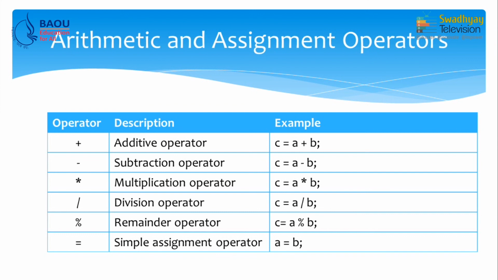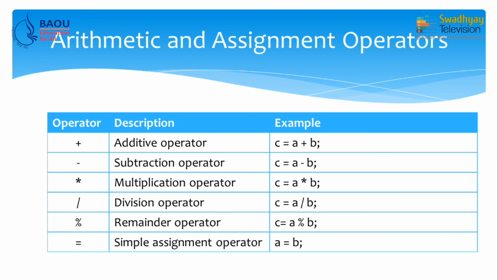On screen, you can see examples of how to use these operators. For example, A and B are two values. We can add two values into C using assignment and addition operator. So, you can write down C is equal to A plus B.